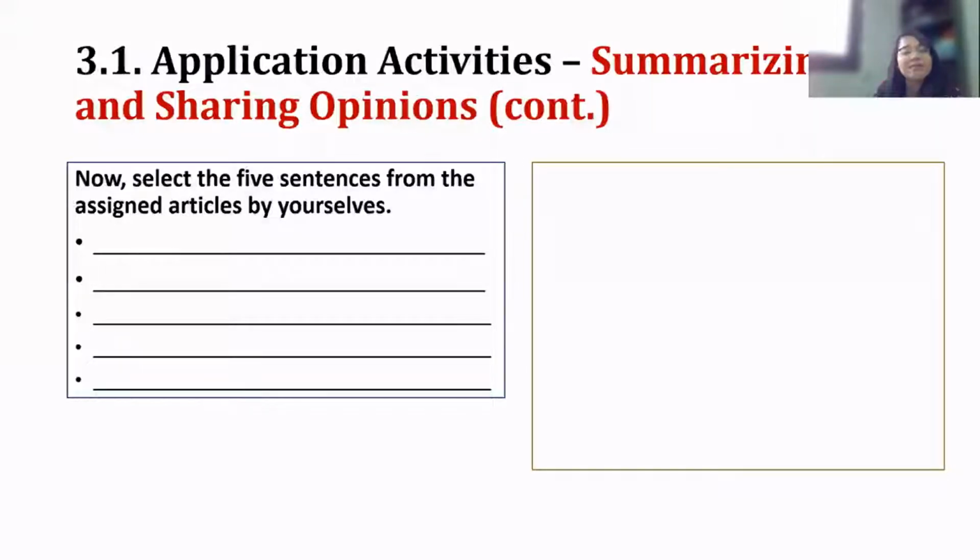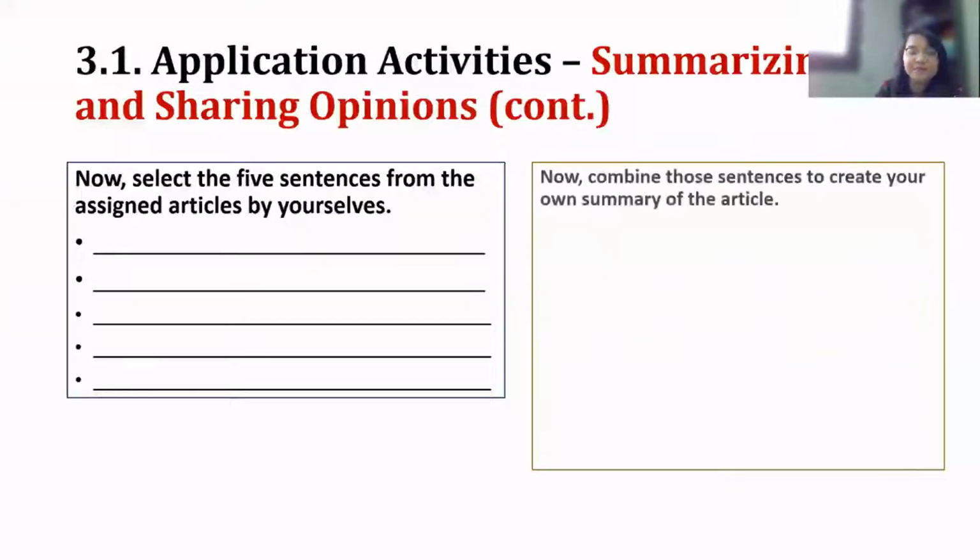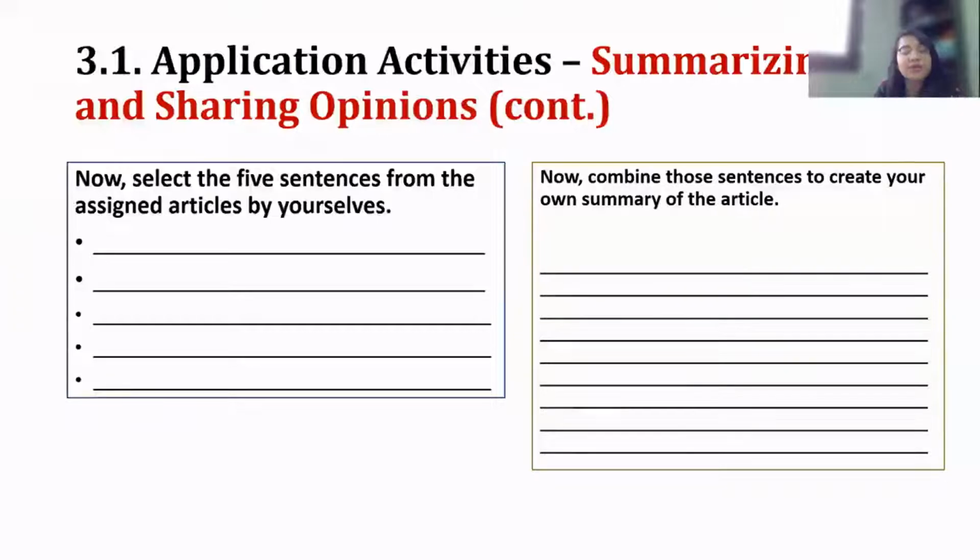Okay, and after you have selected the 5 sentences, combine the sentences to create your own summary of the article. Well, I know that it's mentioned to be 2 or 3 sentences, but I guess 1 more sentence for the summary will also do.